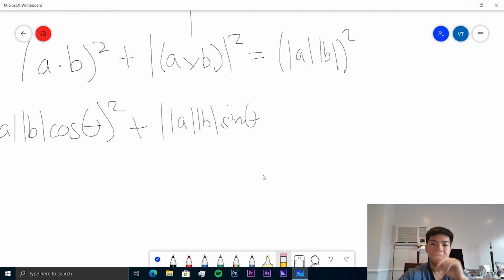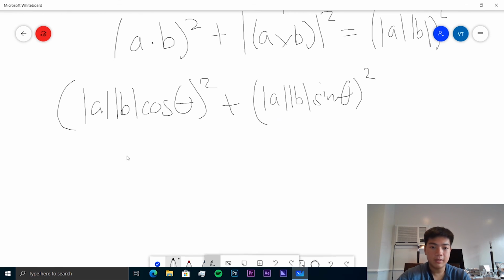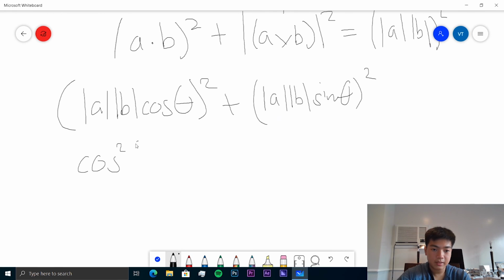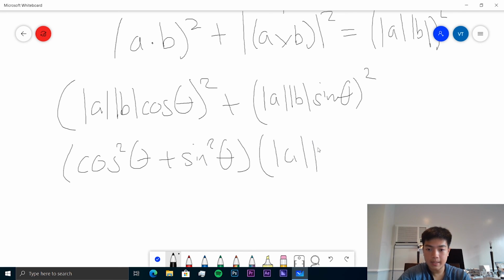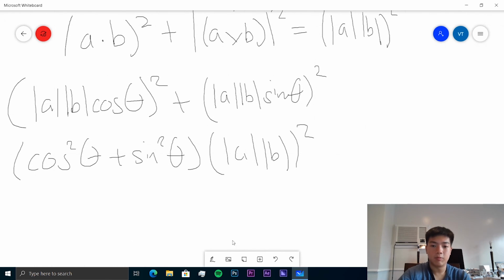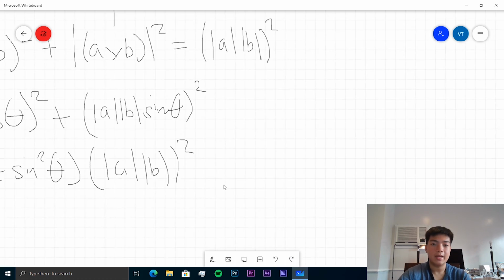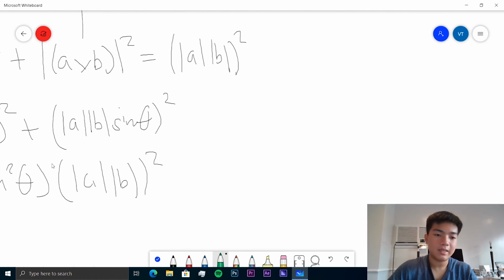You can go ab sine theta as the magnitude. So since we are squaring this, we can rewrite this as cosine squared theta plus sine squared theta times a times b squared. And since this is equal to 1, this is simply equal to a times b squared. The magnitude of a times the magnitude of b squared.